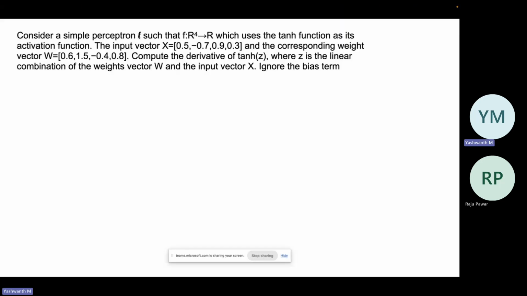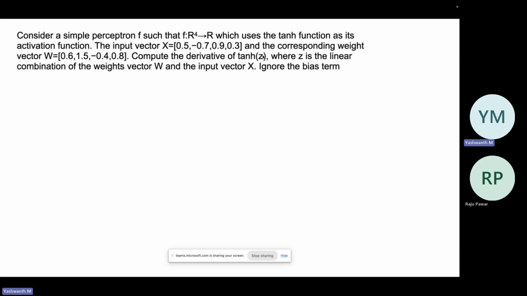Here we are given a simple perceptron in R power 4, a four-dimensional perceptron. And we use tanh as a nonlinearity. The input vector is this and the corresponding weight matrix is this. We want to compute the derivative of this tanh output.